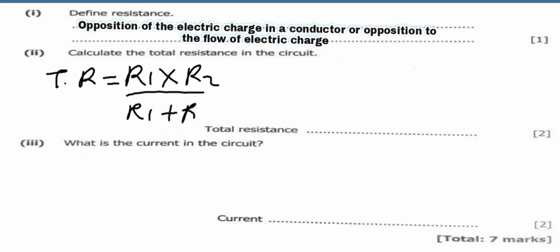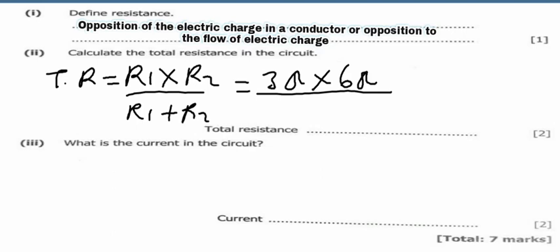In this case, our resistor 1 we can just pick as 3 ohms multiplied by 6 ohms, so our resistor 2 is 6 ohms, then divided by resistor 1, which is 3 ohms, plus 6 ohms.